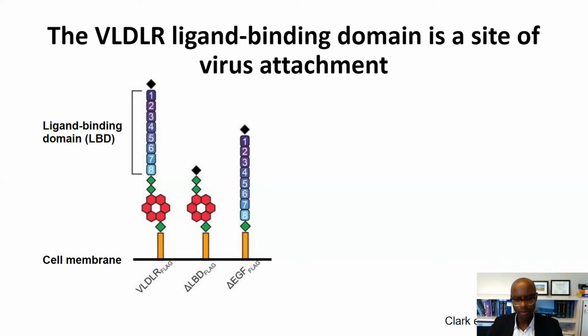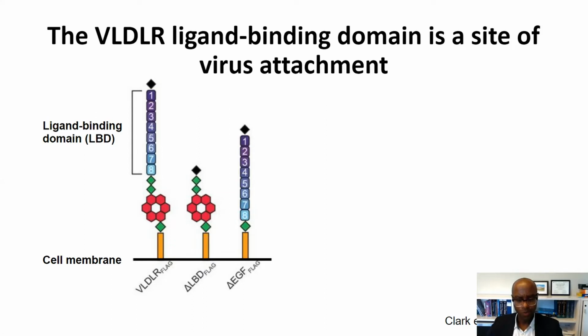The N-terminal portions of the receptor here, which are most membrane distal, have a series of cysteine-rich modules called LDLR class A repeats, or LA repeats, that are arranged in tandem here and vary slightly from each other in sequence, but all coordinate a calcium and ultimately are what comprise a ligand-binding domain that is what binds to VLDL and reelin. And then in red and in green, I'm showing you the EGF-like module that is not involved in ligand binding, as well as an O-linked domain here that has O-linked sugars in yellow.